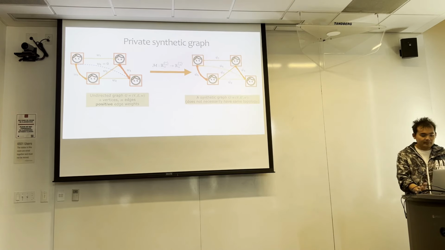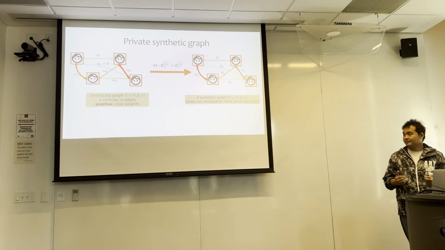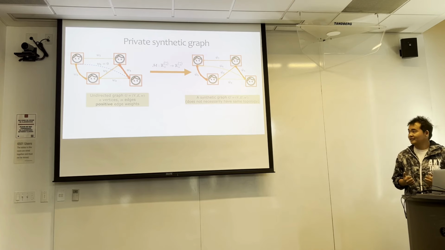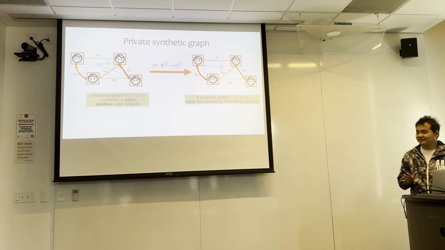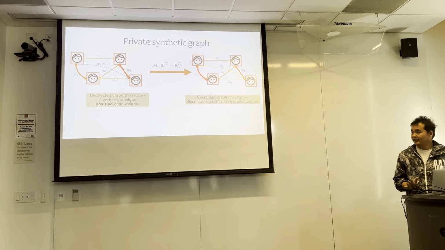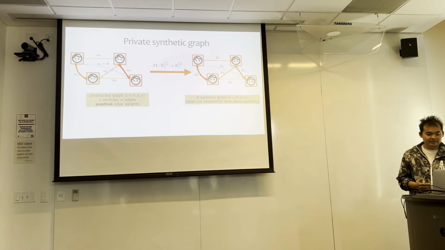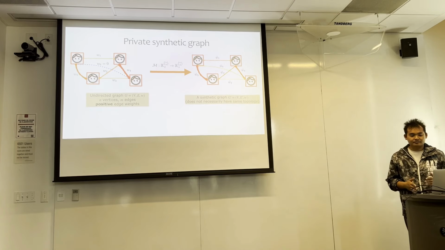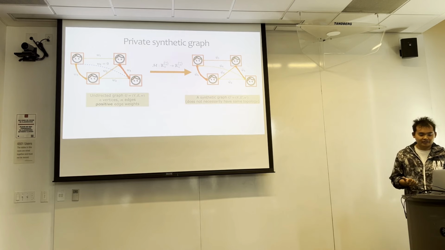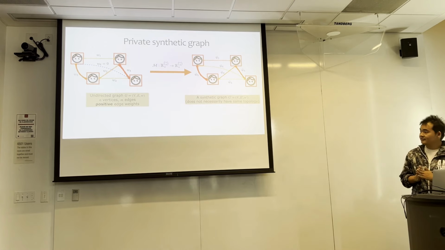Okay, so one of the perspectives to protect the privacy from any type of data analysis, for example, asking the size of some given ST cuts, is to output a private copy of the graph, namely a synthetic graph, through some mechanism M, and such a synthetic graph can be used for further analysis.